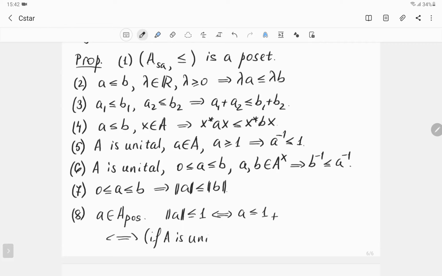And we look at the difference x star bx minus x star ax. We want to show that this difference is a positive element.